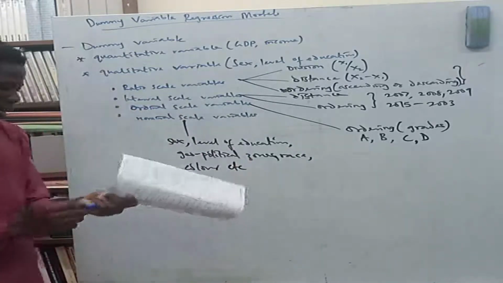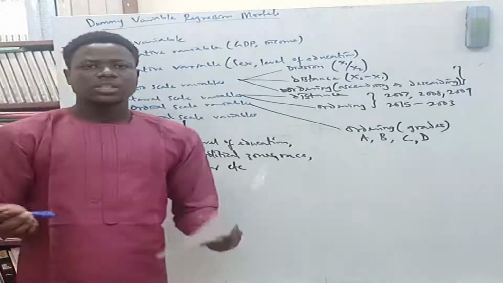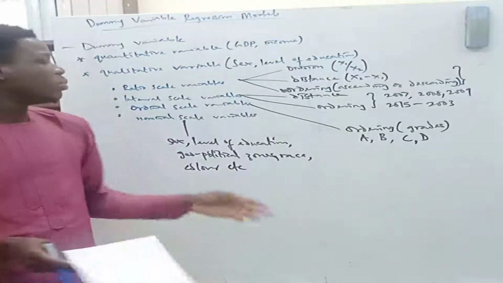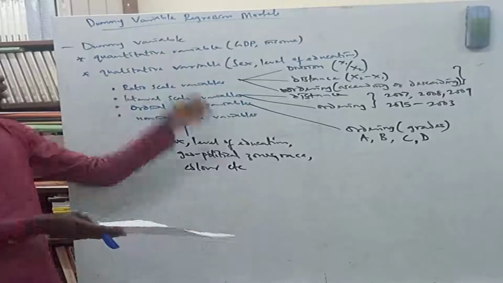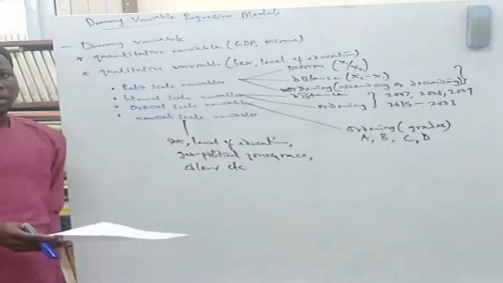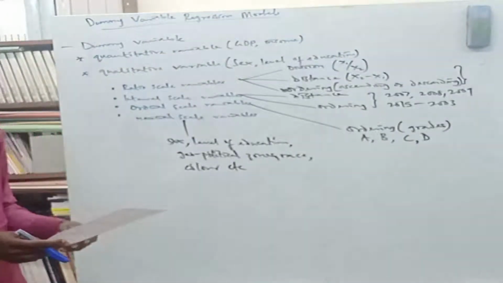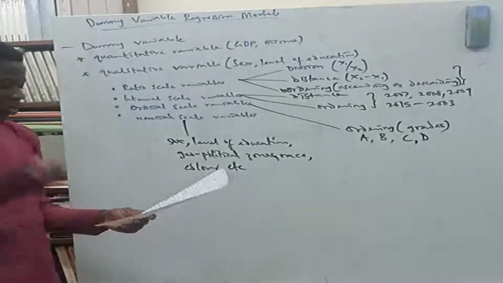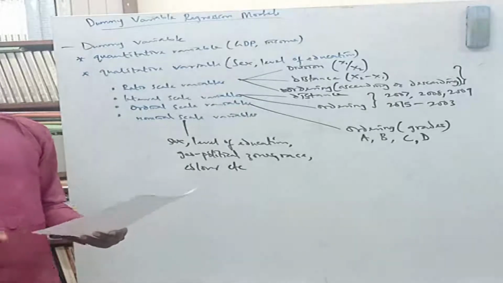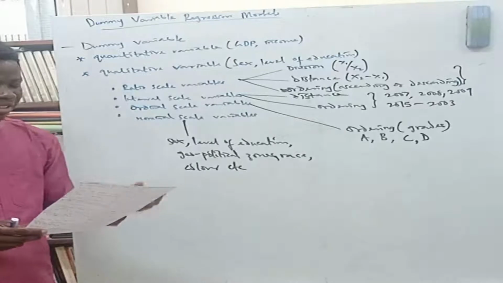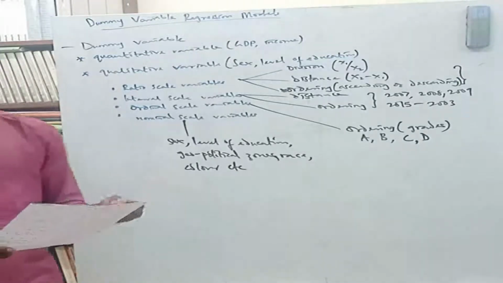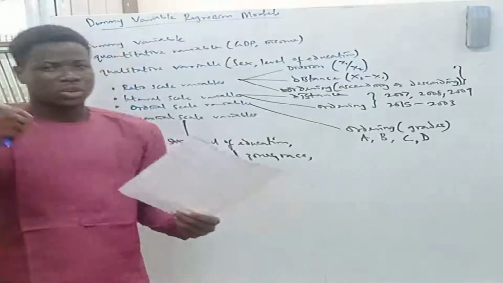and so on. So now, how do we bring dummy variables into our regression model? To incorporate dummy variables into the regression model, you construct artificial variables that take either 1 or 0.